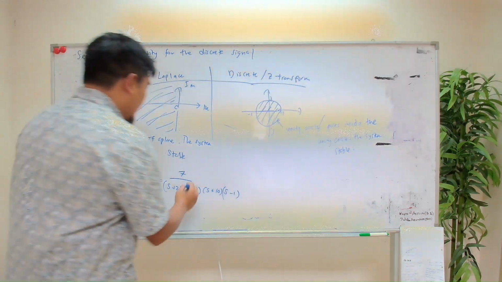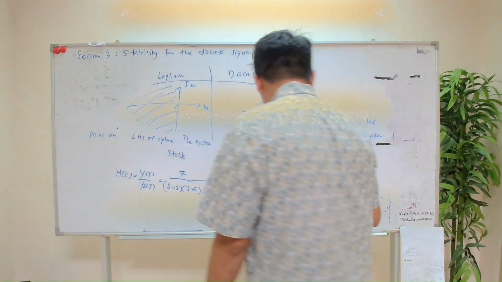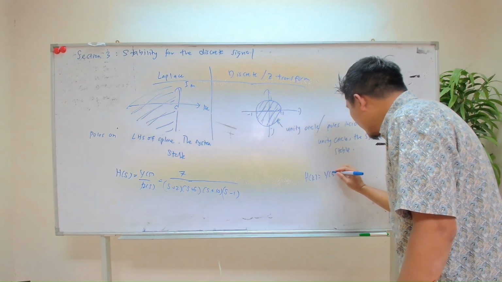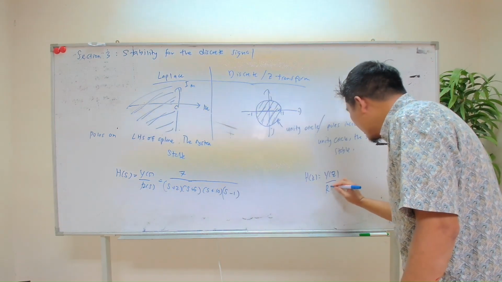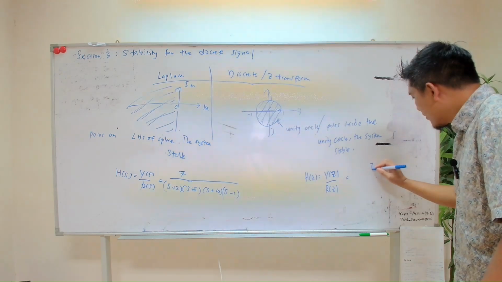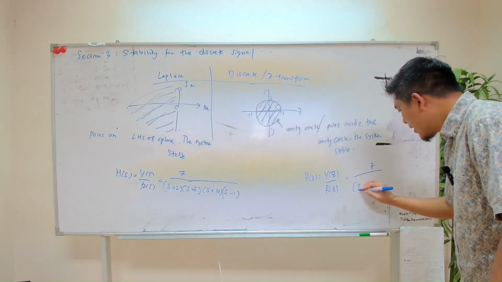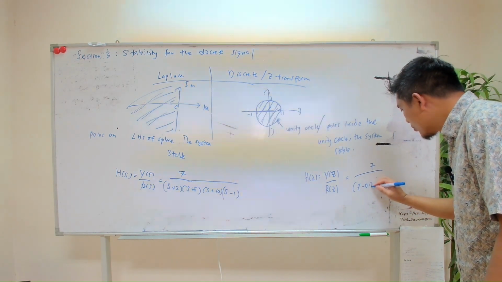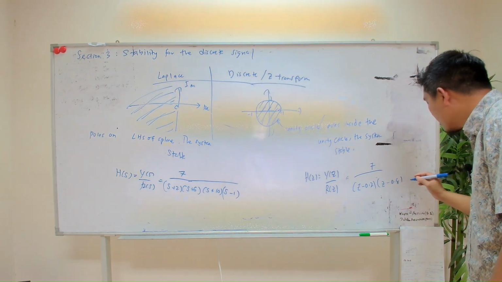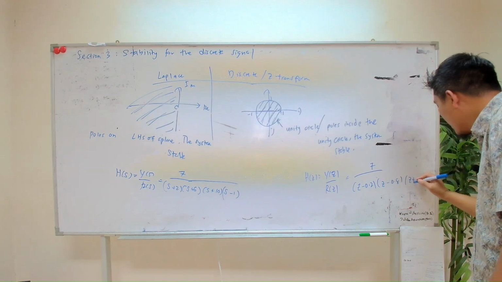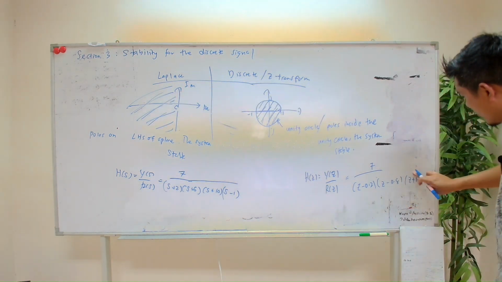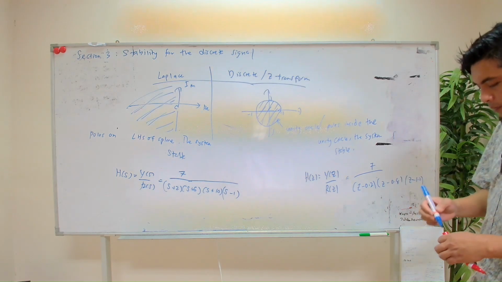And then for this one, H(z) equal to Y(z) divided by R(z), 7 over (z minus 0.2)(z minus 0.8)(z minus 1.2).